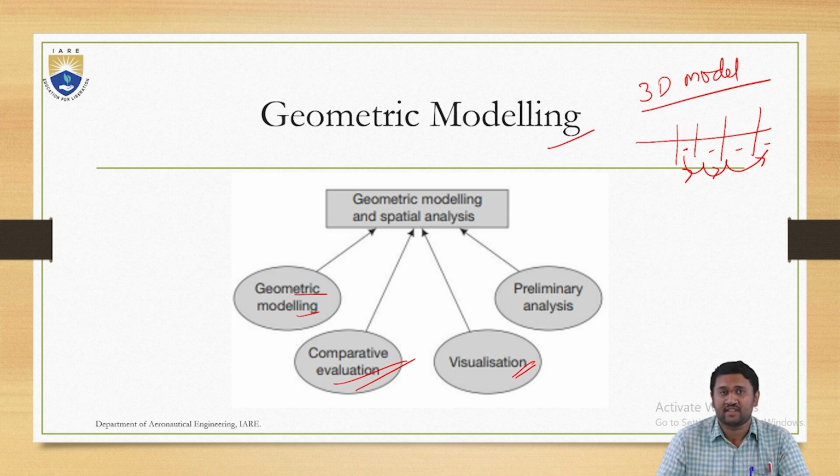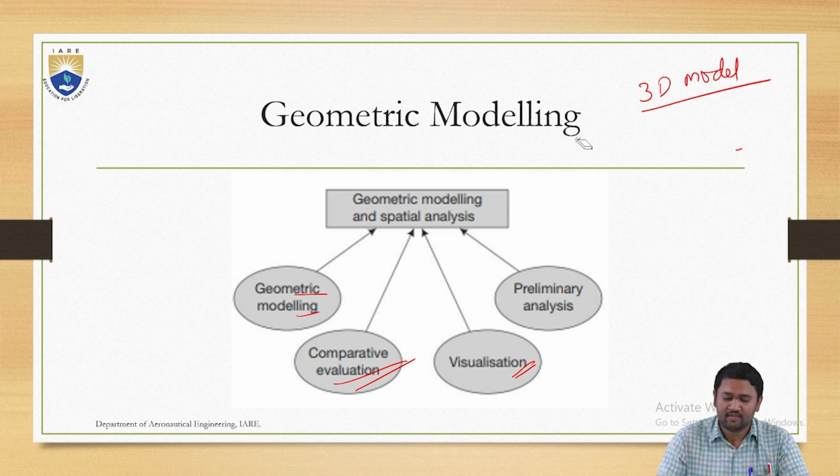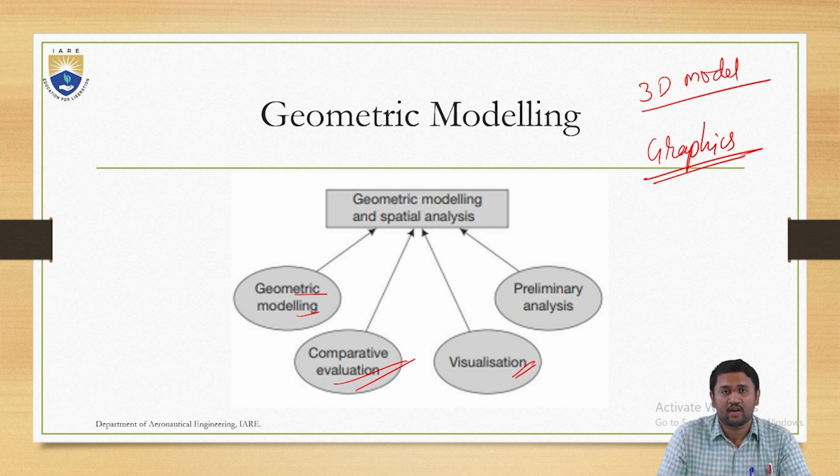Next, visualization. Whatever the model we are doing, we are creating a number of 3D models to visualize it further, right? To visualize the same in terms of what? In terms of graphics, particularly your computer graphics. Computer-assisted tools will help us designers visually see how well the object looks under your original or real-time scenario.